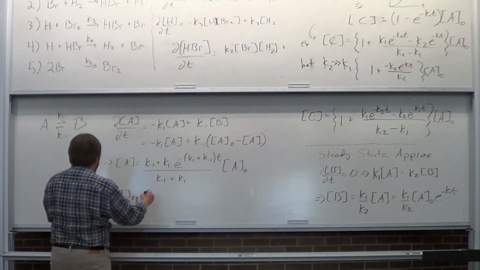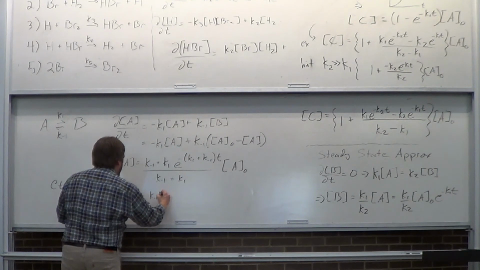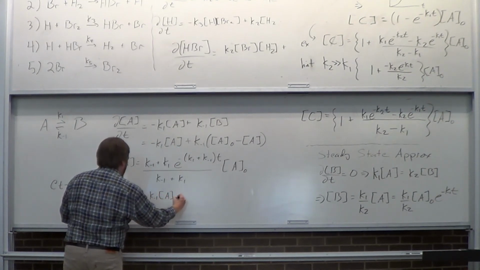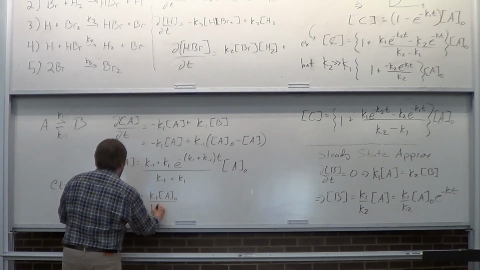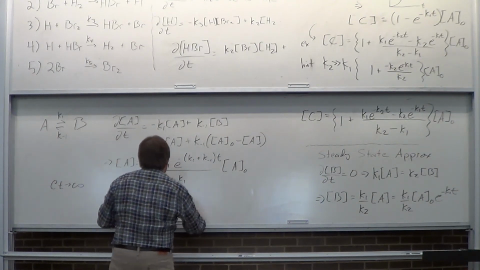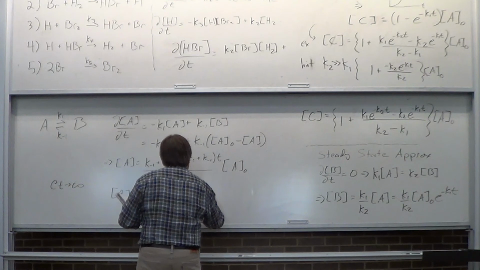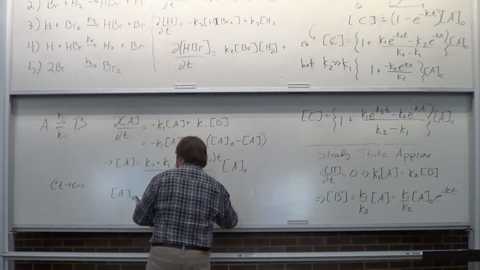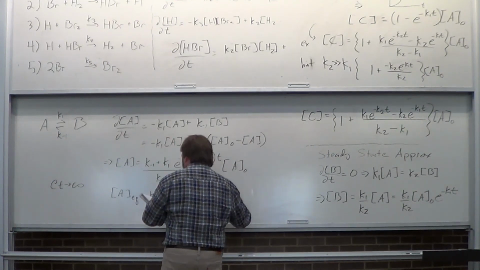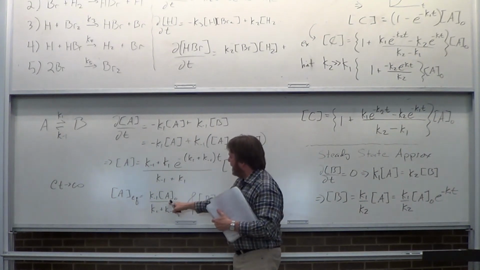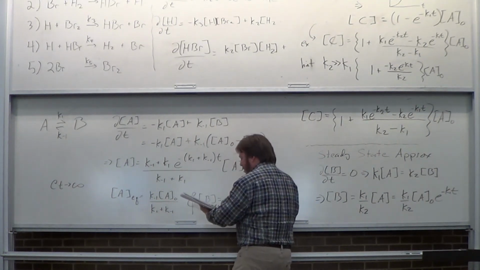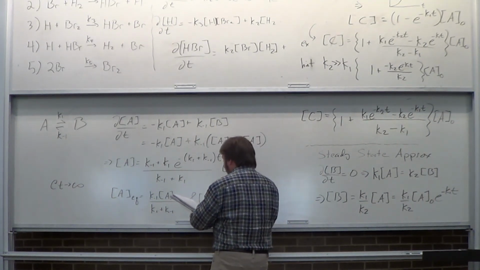And this is K minus 1, initial concentration of A, over K1 plus K minus 1, and concentration of B at equilibrium. We do the same trick. It's A naught minus this, right, would be the concentration of B by mass balance.